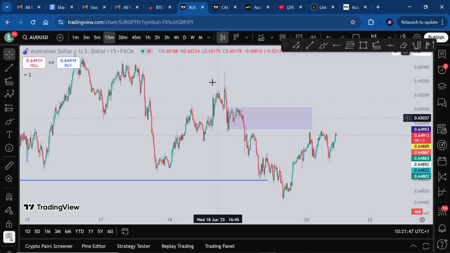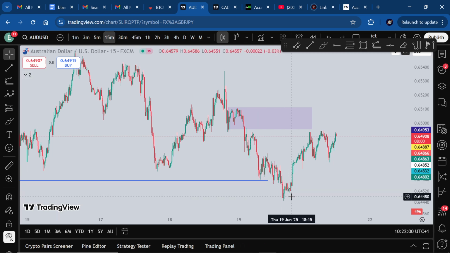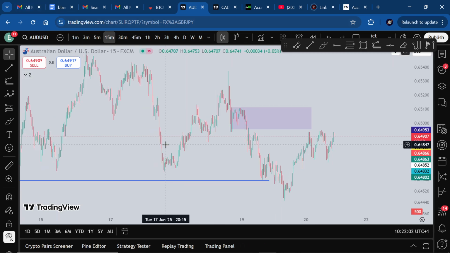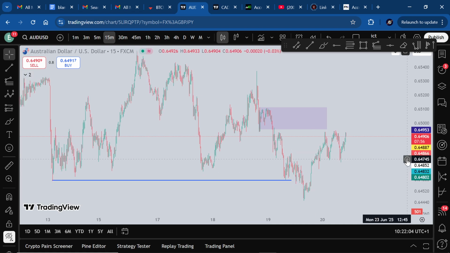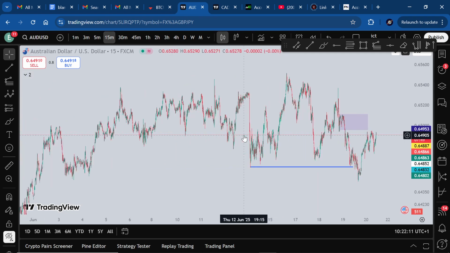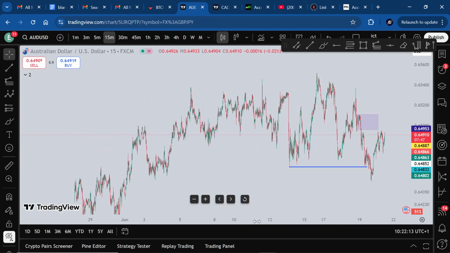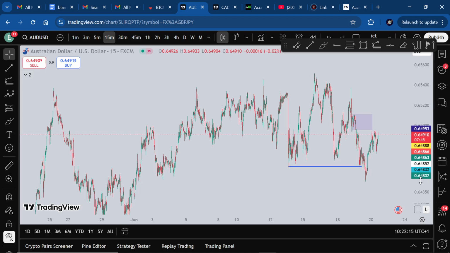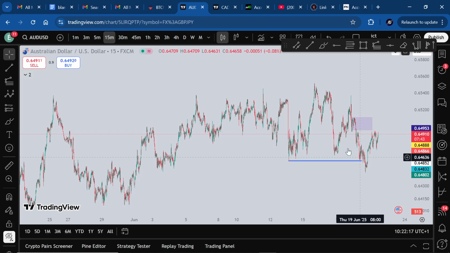Okay, now we know this isn't a 1, 2, 3, 4. This is clearly an ABC or a WXY. It could be ABC here, then the B or the X, then the ABC here for the Y. The good thing about Wyckoff is, with Elliott waves, it really does help, because sometimes you might not know what pattern you're in.